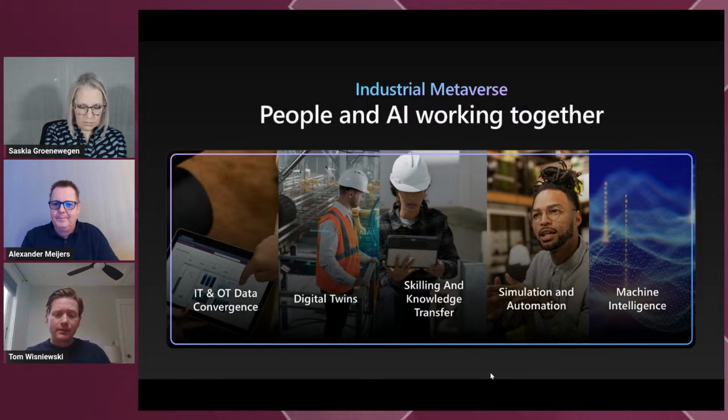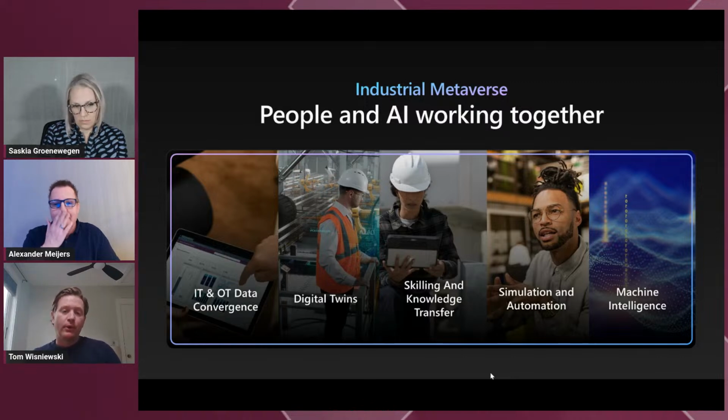Skilling our workers and the knowledge transfer. Obviously, Microsoft has a lot of tools to do that today, from HoloLens as a point solution or point hardware technology to guides and remote assist. That's a knowledge retention and skilling tool, an important tool that we have today as a part of that pillar.